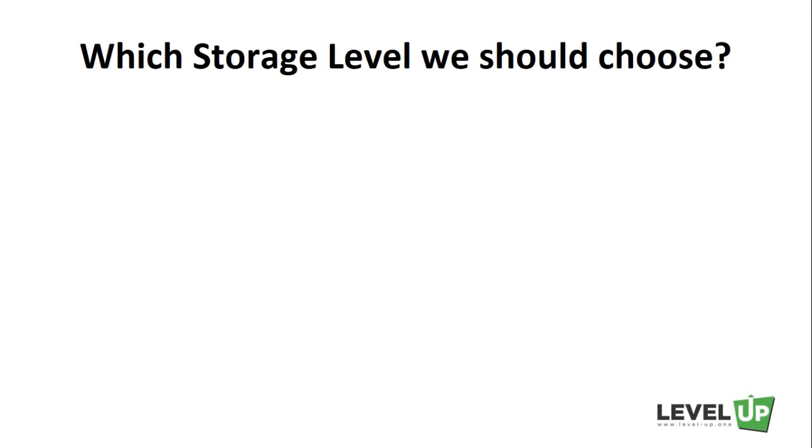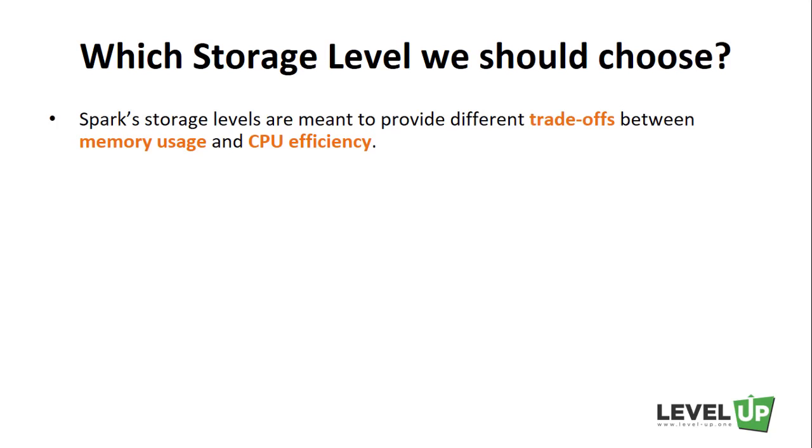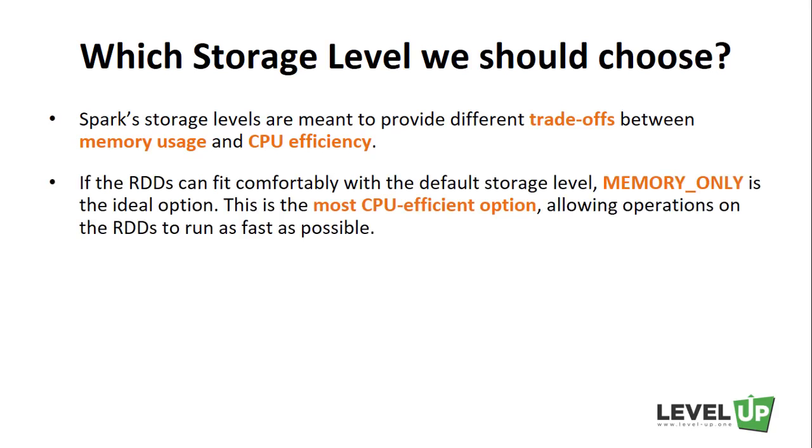You might want to ask which storage level we should choose. Spark storage levels are meant to provide different trade-offs between memory usage and CPU efficiency. There are some factors we need to consider before selecting the most suitable storage level. If the RDDs can fit comfortably with the default storage level, memory only is the ideal option. This is the most CPU efficient option, allowing operations on the RDDs to run as fast as possible.